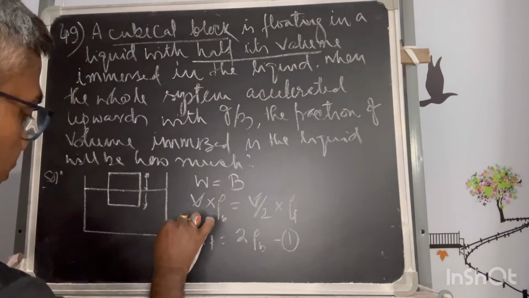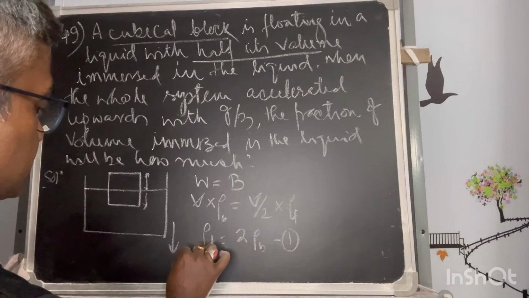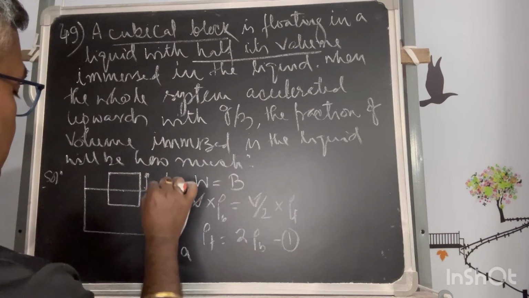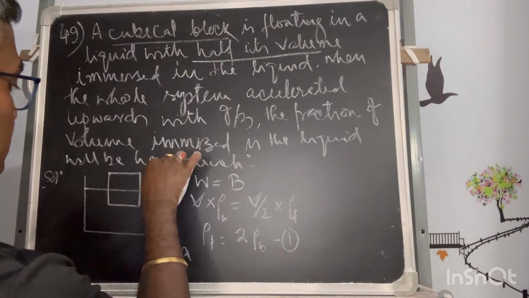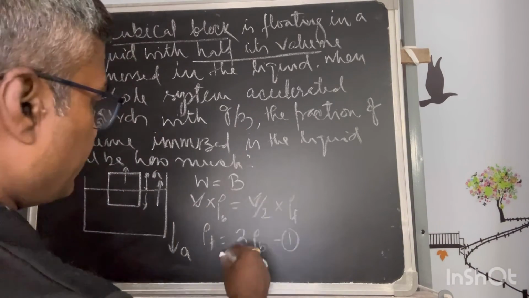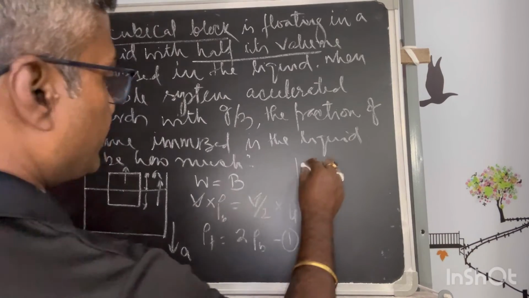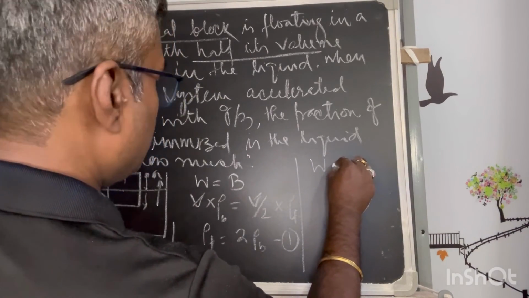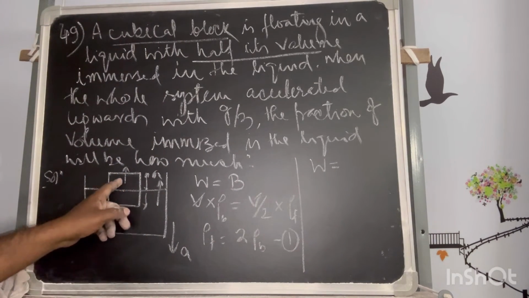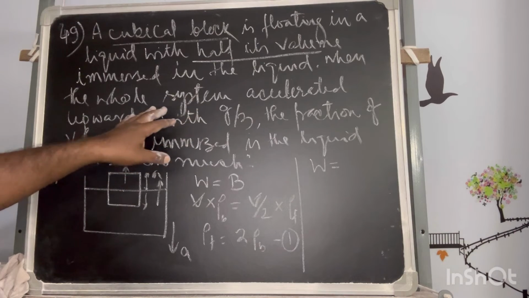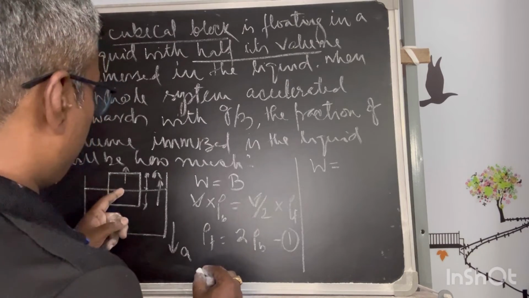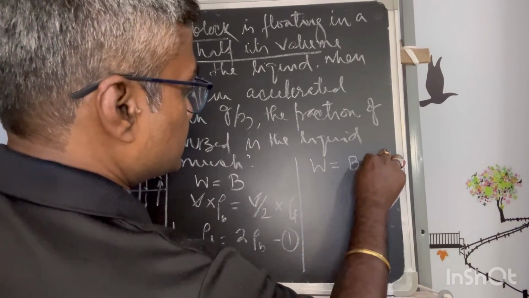In the second case, when it is moved down with some acceleration, let's say A, that I will put in later, the fluid inside is moving with A, so the block also moves with A. So in the second case, the weight W is balanced by the new buoyant force.